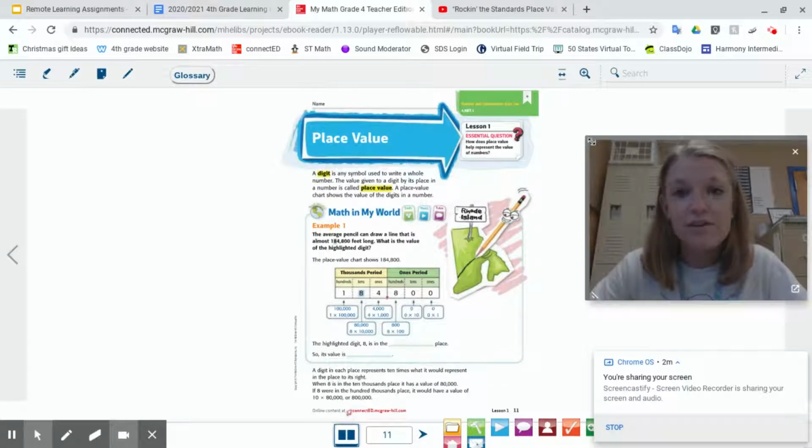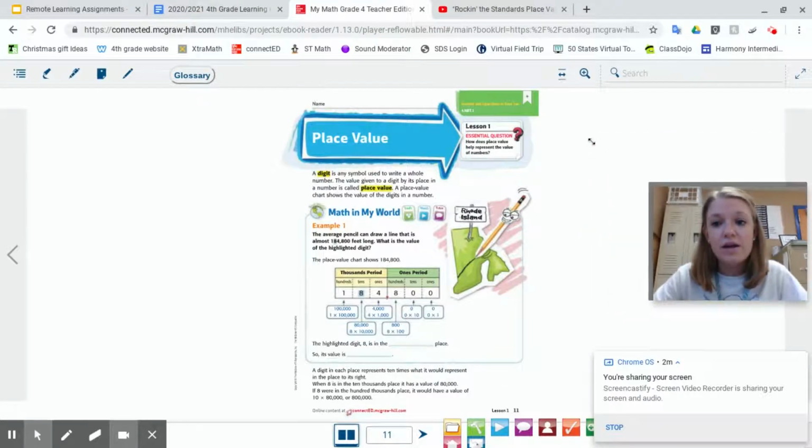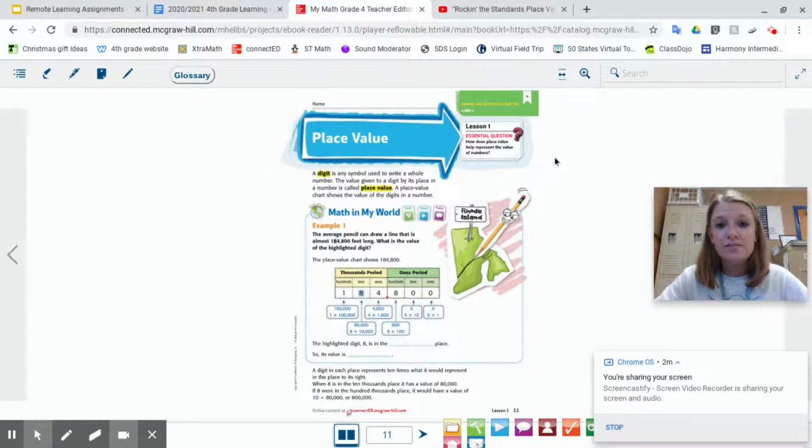So the way my videos will work right now is that I will be going through the lesson, showing you the vocabulary, showing you some examples of problems and how to work through them. And then what will happen is I will take a separate video using my document camera so that you can watch me taking notes over this lesson, and then you will have the ability to pause the video and write notes with me.